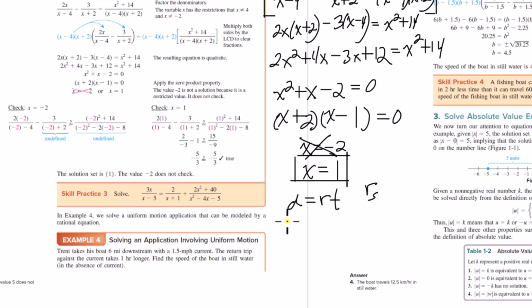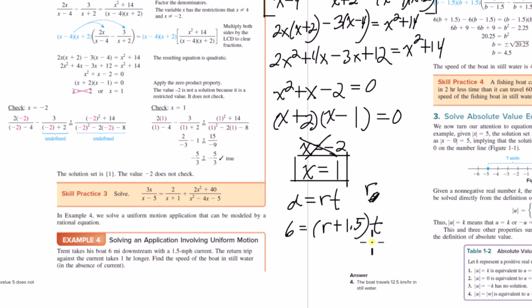So when he's going downstream, 6 is equal to what? We're just going to call this R, the rate in still water. If he's with the current, then R plus 1.5 is the total rate, and then times the time, T.